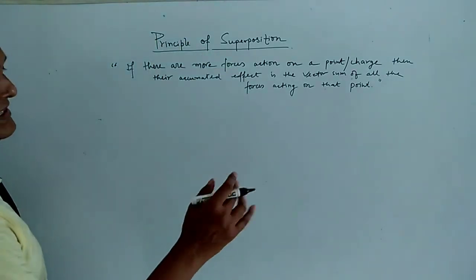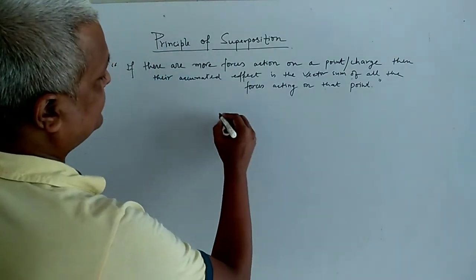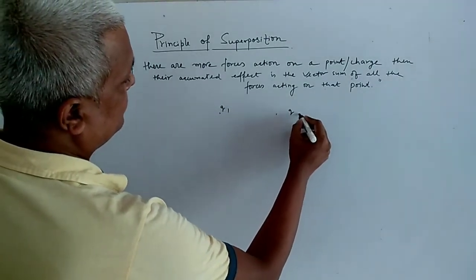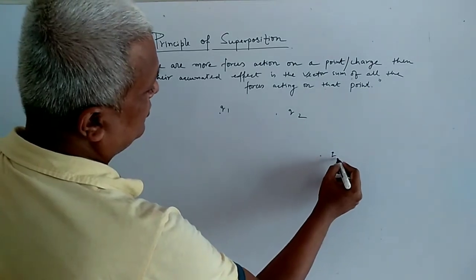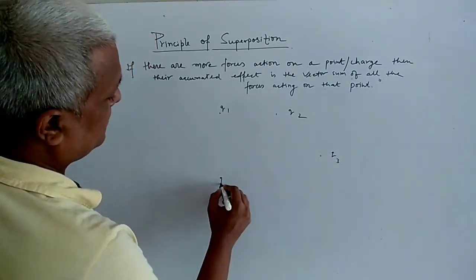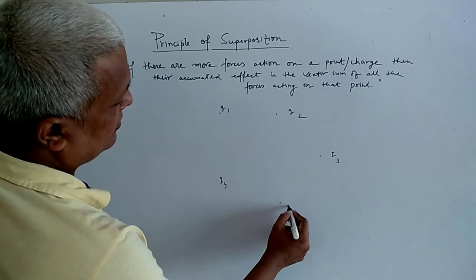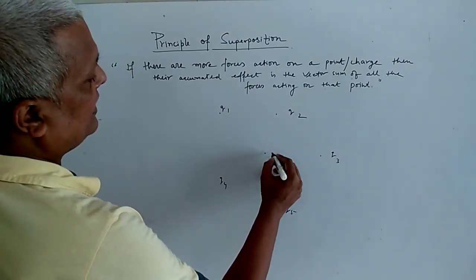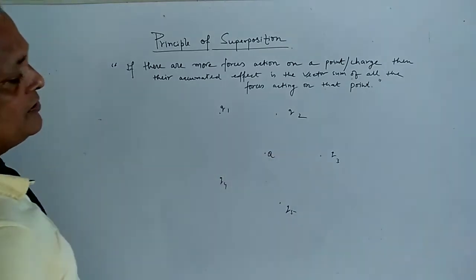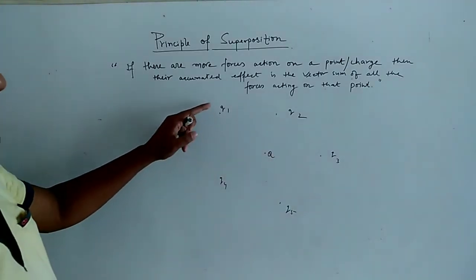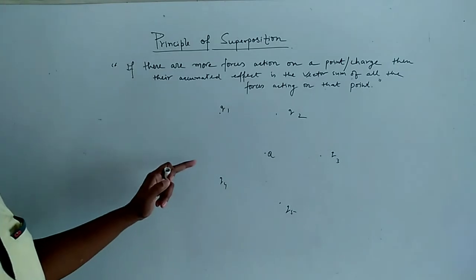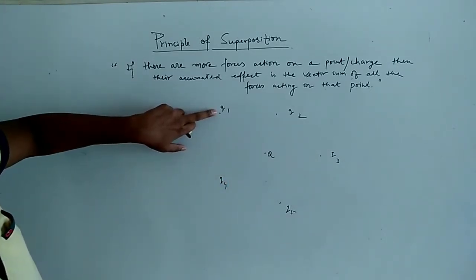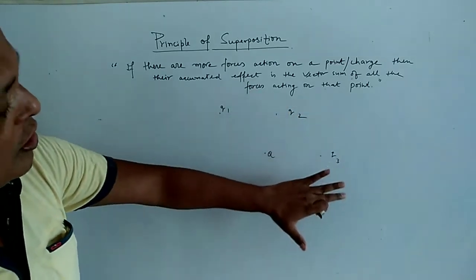So here, suppose I have charges q1, q2, q3, q4, q5, and I want to find out the force exerted by these charges on this one, because this charge experiences the force due to all other charges.